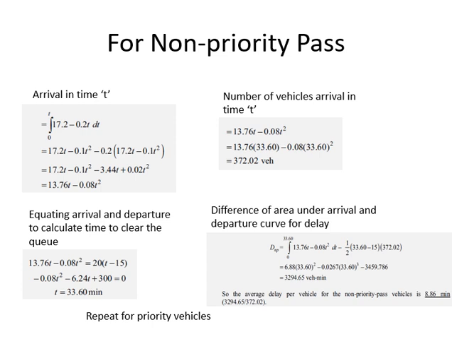But the integral has limits, because I know after how much time the queue will be gone. So I don't want the full area. I want the area up to only the time which you calculate for the queue. So take the integral with the limits 0 to this time.